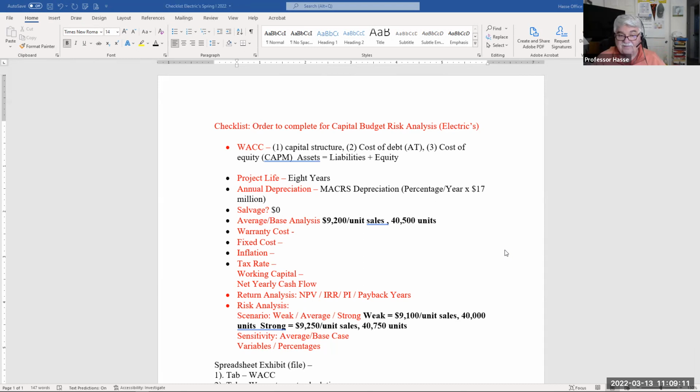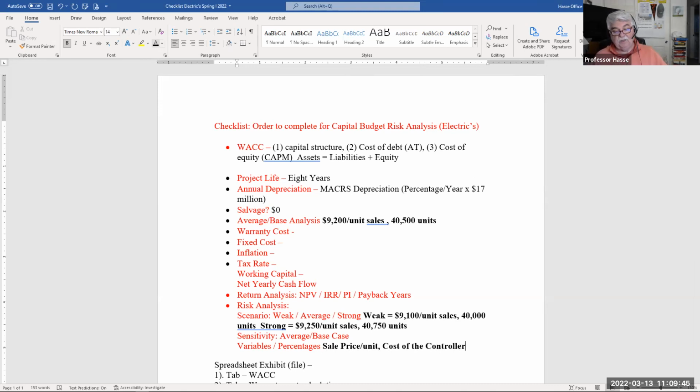There are 2 sensitivity variables: the selling price, the sales price per unit. And the second variable is the cost of the controller. The cost of the controller is the second sensitivity variable.